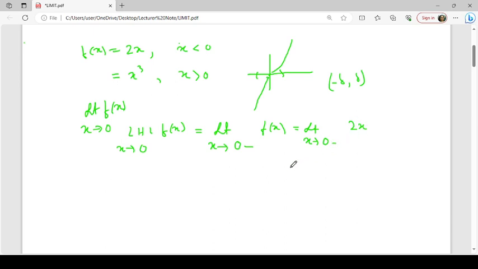As we have done earlier, it is 2 into the limit of x, and the limit of x as x tends to 0 is 0. So it is 2 into 0, which is equal to 0.